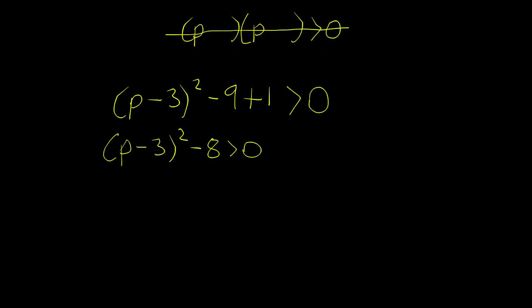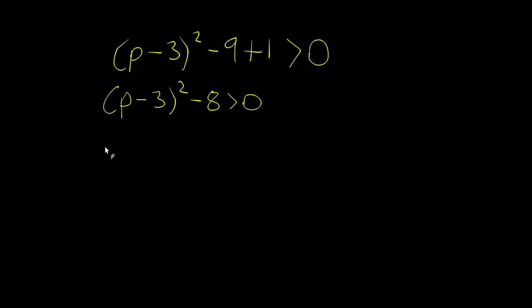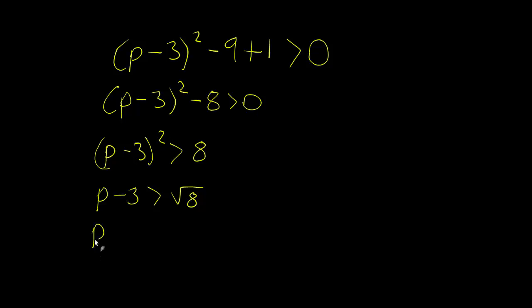Add 8 to both sides, so p minus 3 squared is greater than 8. Then square root, so p minus 3 is greater than root 8, or rather plus or minus root 8, so p is plus or minus root 8 plus 3. And that gives us our solutions.